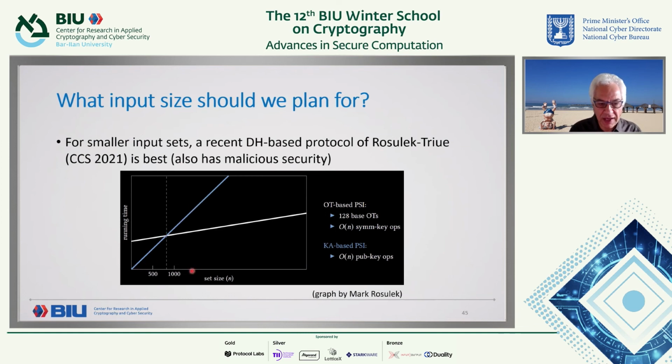And this is the input size. They implemented both, and these are their protocols. And the Diffie-Hellman one is better for smaller input sizes. Because all this strong machinery, VOLE, OT extension, etc., doesn't kick in until your input size is, say, 1,000 items or more.